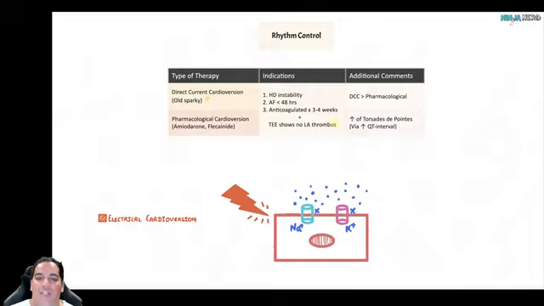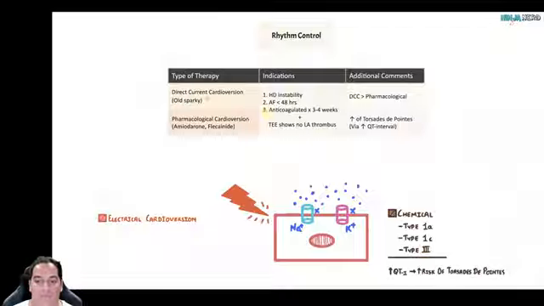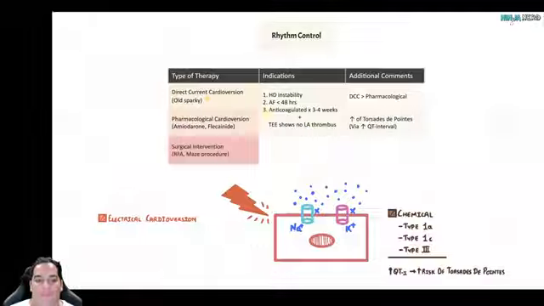So I would say if you ever have to convert a patient via rhythm control, the primary way that you should do that is going to be direct current cardioversion. And if you're not going to do that, the pharmacological agent of choice is usually amiodarone. But the reason you would actually convert somebody is these indications here. Otherwise, continue rate control. All right, that's the big concepts here.